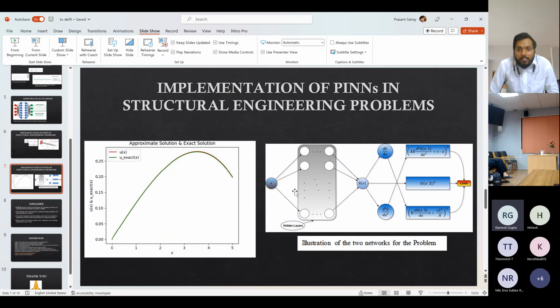Now you are minimizing this loss function. Even in finite element analysis or any other semi-analytical method, we are trying to minimize the loss function. That is where you push it back from the output loss, or the difference.